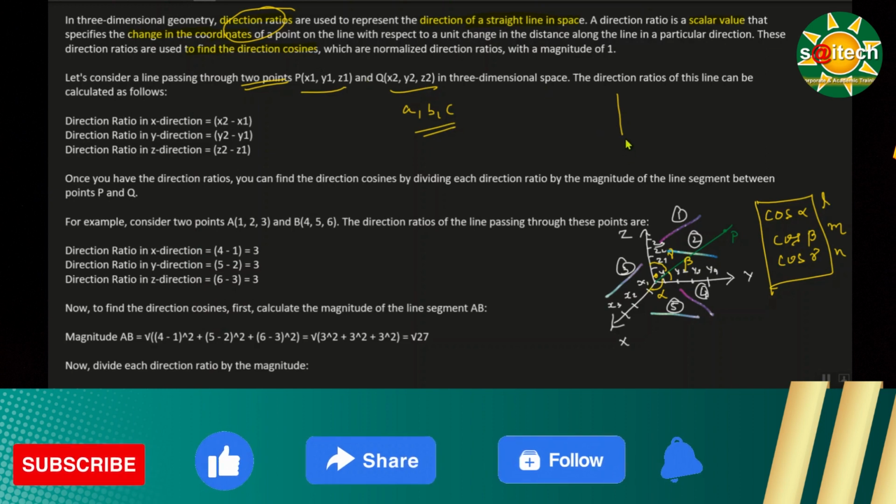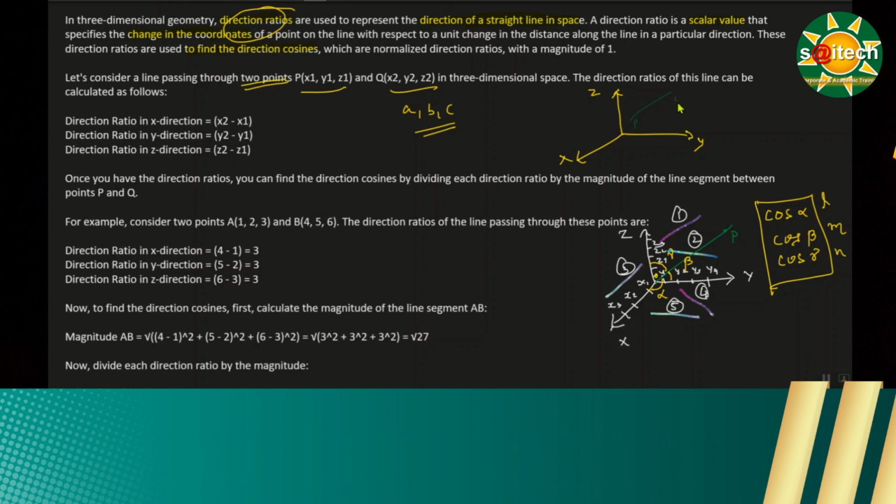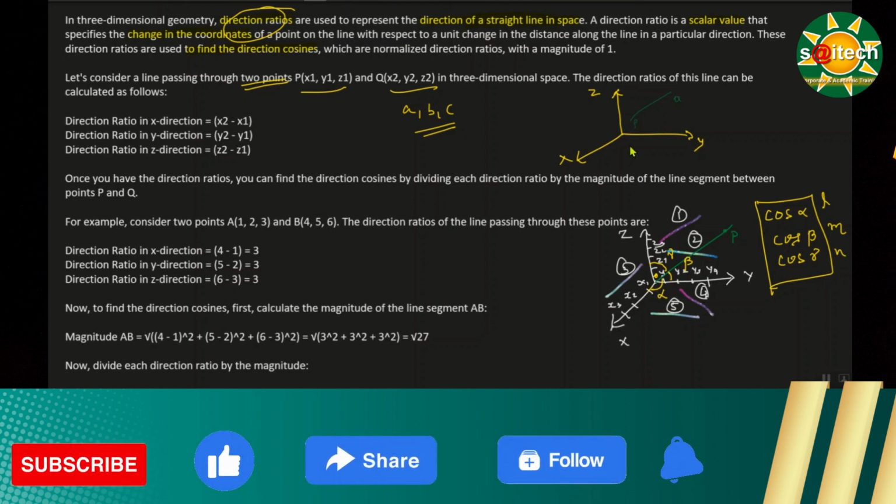Let me consider the y-axis, x-axis. This is x, y, z. Let me consider a line like this. So this is P, this is Q. So P is represented by x1, y1, z1.